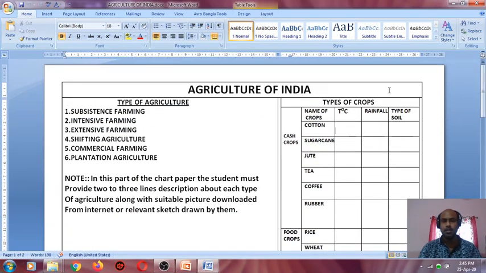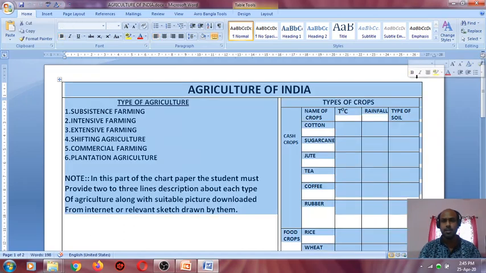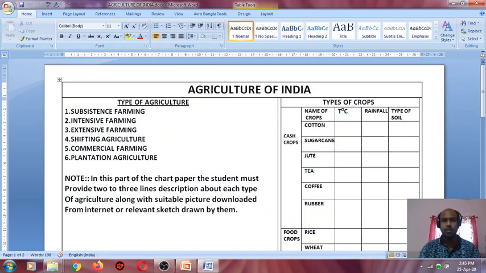This boundary part in the page is the chart paper. At the top you have the heading. Let me highlight it if I can. At the top, Agriculture of India, you can see this is the heading. Then it has three parts.